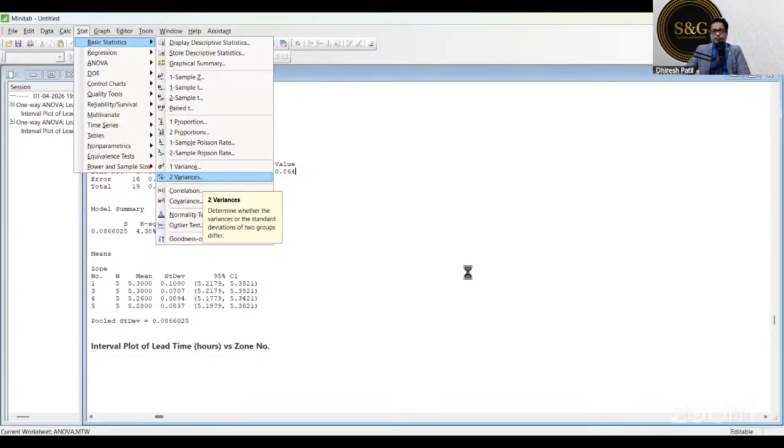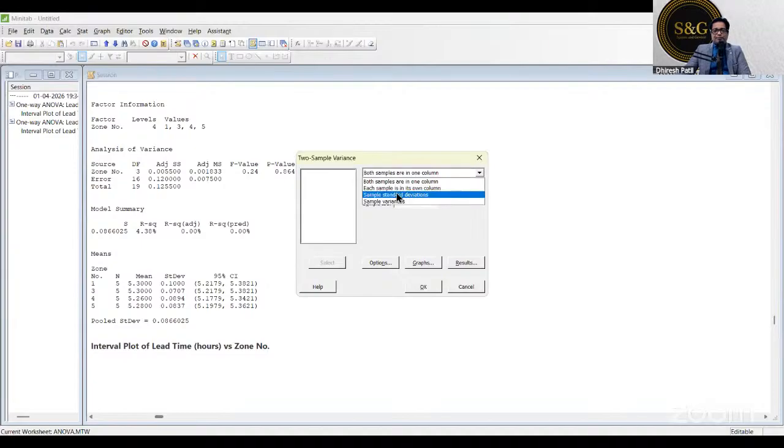Click on that. Now we will enter the data manually. We have sample standard deviation data, so click on sample standard deviations. Everybody with me? I'll repeat again: Stat, Basic Statistics, Two Variances. Here we select sample standard deviation. The first sample size is 12 and the standard deviation is 145. The second is 16 and the standard deviation is 82. We want to check whether there is any statistically significant difference between these two variances. Just click on OK.